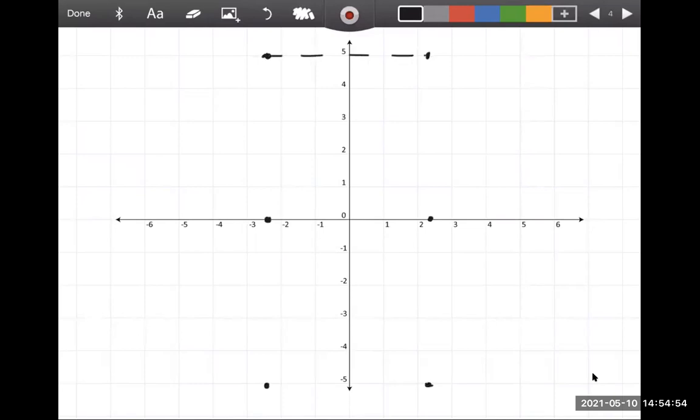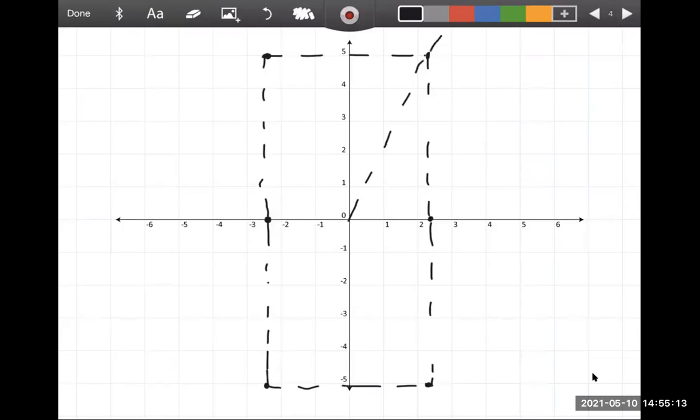All right, so we draw that rectangle. Draw the extended diagonals through that rectangle. Okay, and remember your intercepts are here and here.